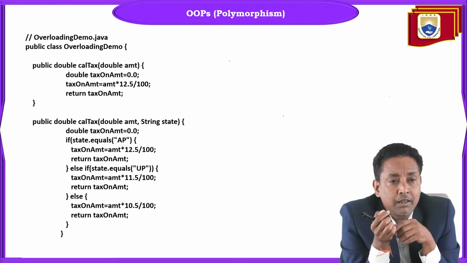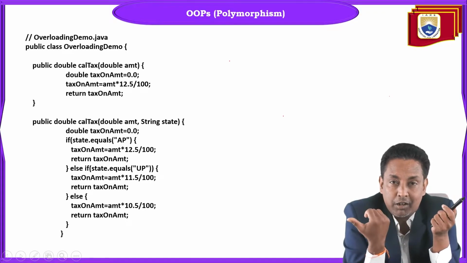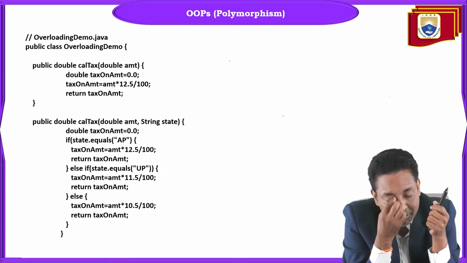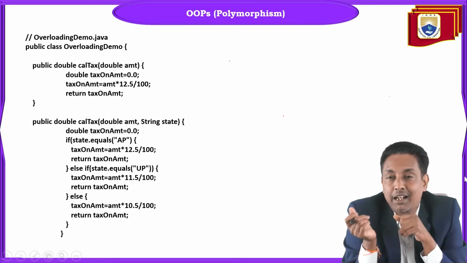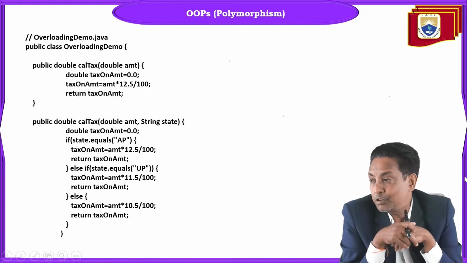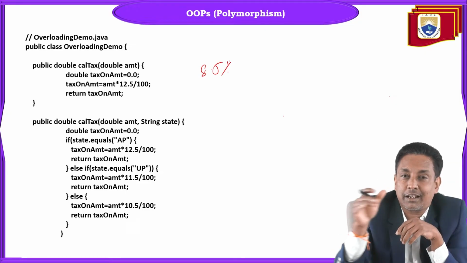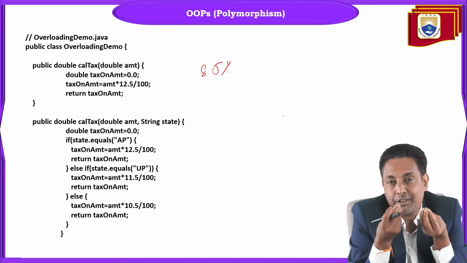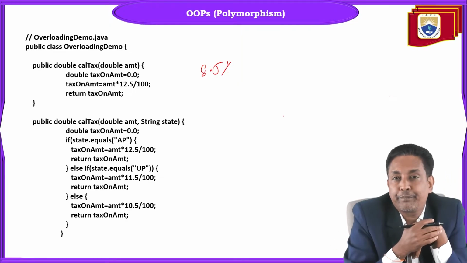So we'll buy different commodities of items. Based on each commodity, the government will fix some tax. For household commodities like sugar and rice, the tax is 8.5%, because we consume them for our livelihood, so the tax is less.